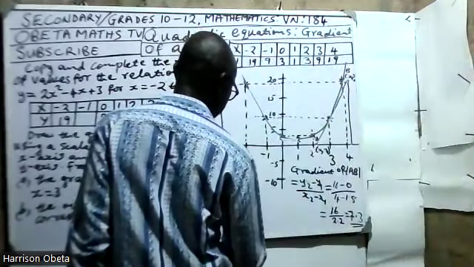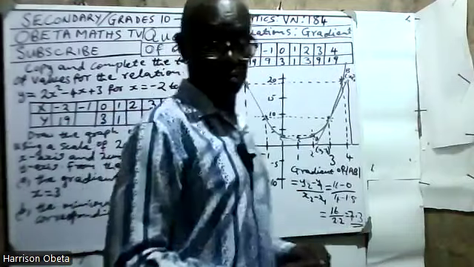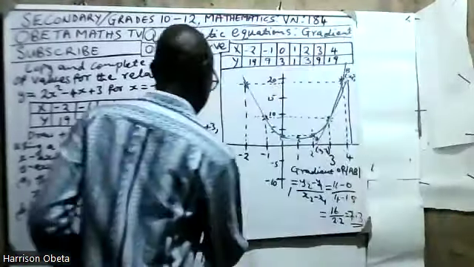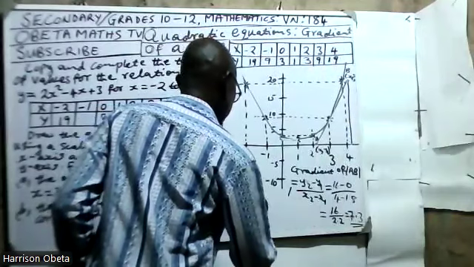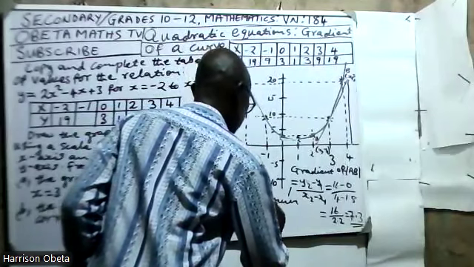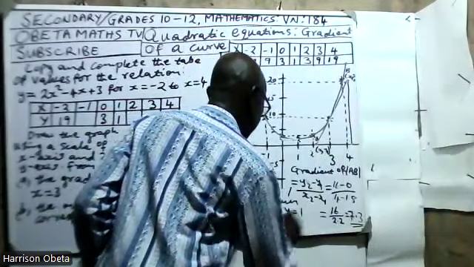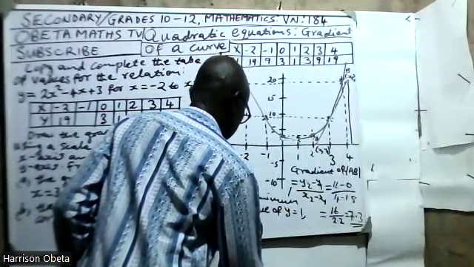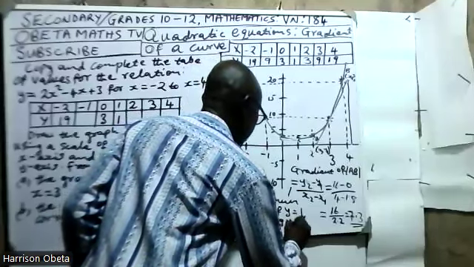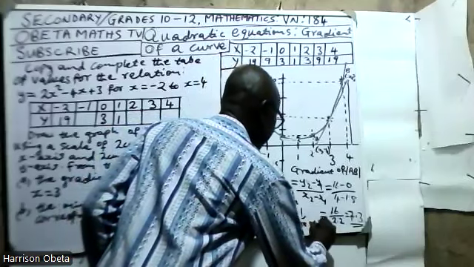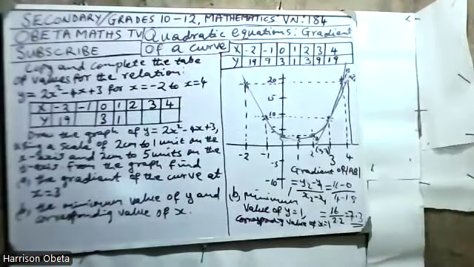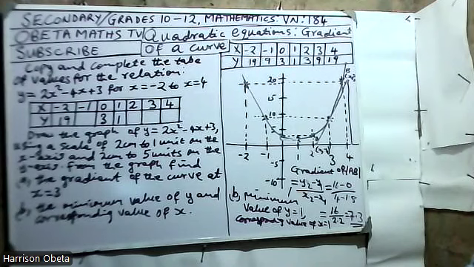So you can say that the minimum value of y equals 1, and the corresponding value of x equals 1 also. So the minimum value of y is 1, while the corresponding value of x is also 1.